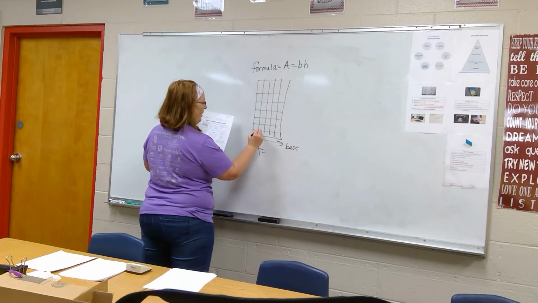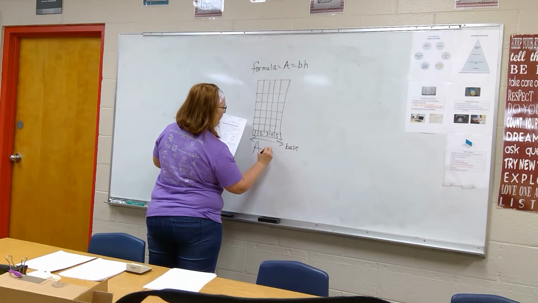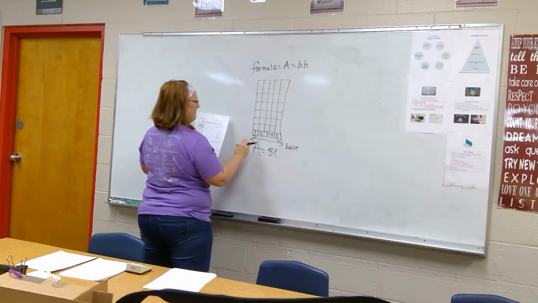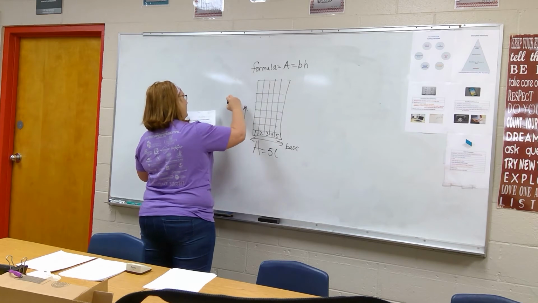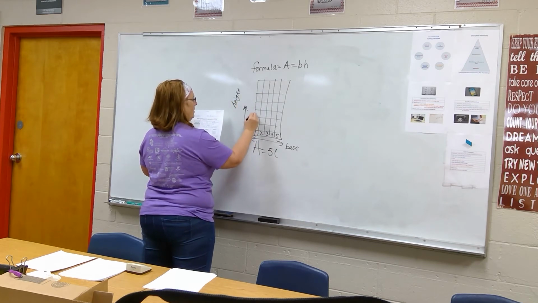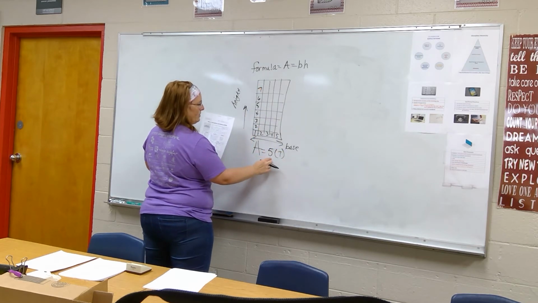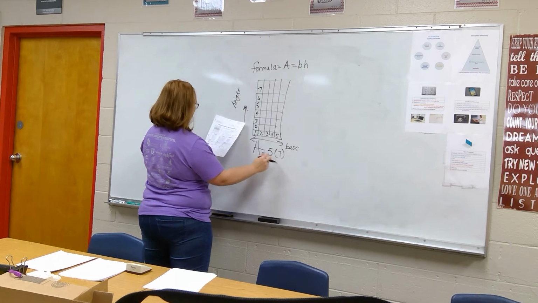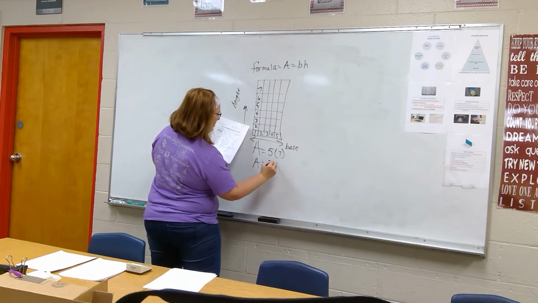I'm going to count them, 1, 2, 3, 4, 5. So my base is 5 times H. H is my height, going up, how tall it is. So count them, 1, 2, 3, 4, 5, 6, 7. So area equals base 5 times 7. So my area equals 35.